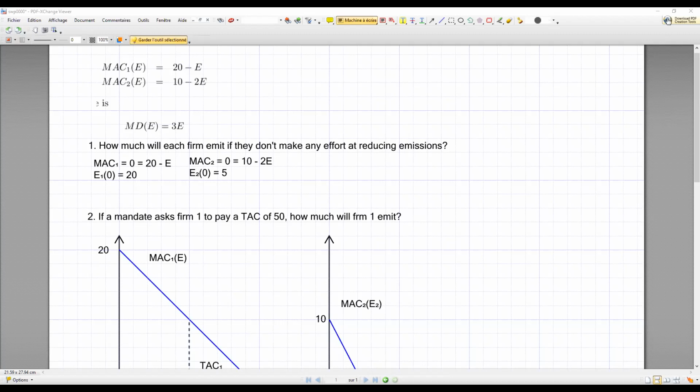Yeah, so first for all the curves, you invert them. Then you add up the quantity of emission. You get the total quantity as a function of whatever the marginal abatement cost is. And then you invert back. And then what you know, of course, is that the first section is going to be made of just the firm with the highest abatement cost.